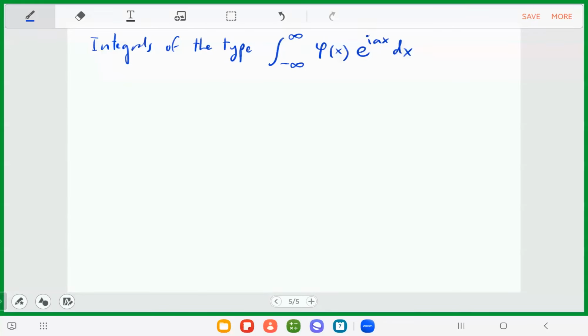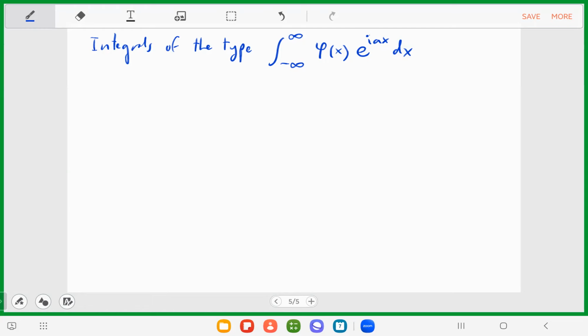Okay, but remember the exponential of a purely imaginary number. So if a and x are real, this is the exponential of a purely imaginary number, the cosine plus i times the sine of the real number, in this case ax.